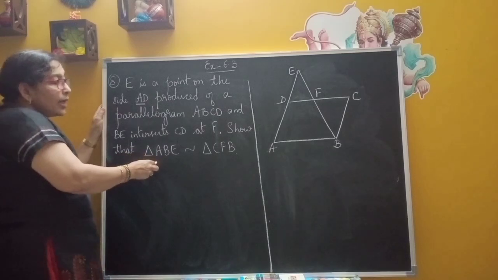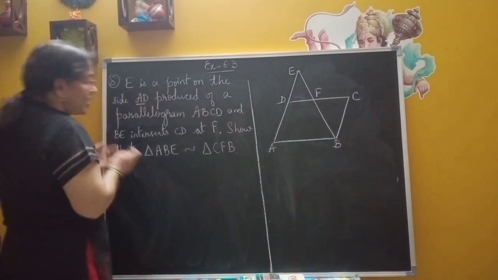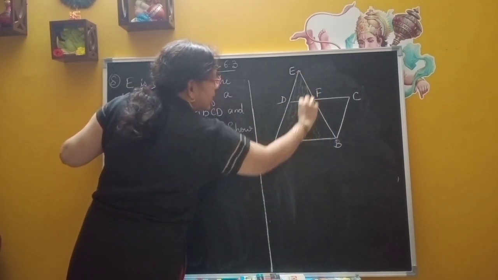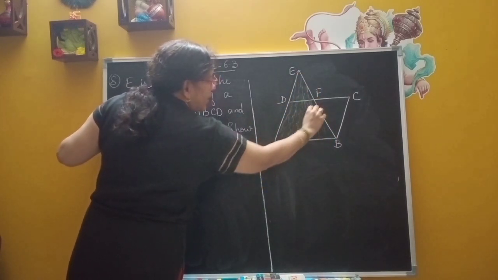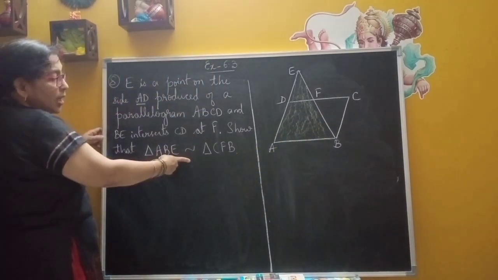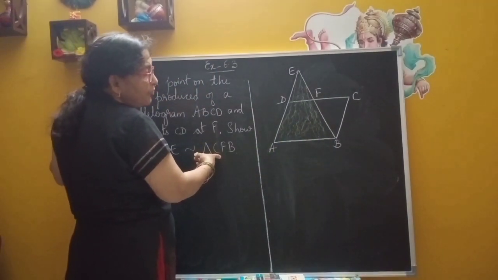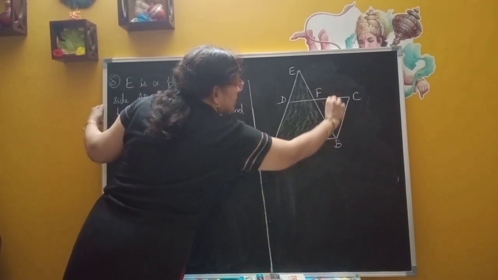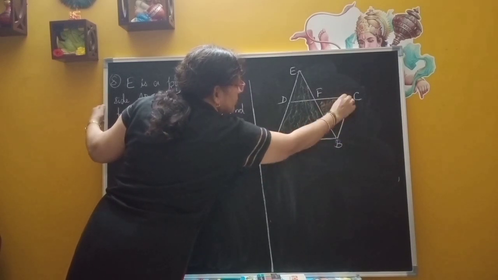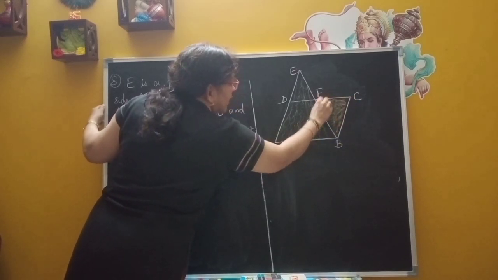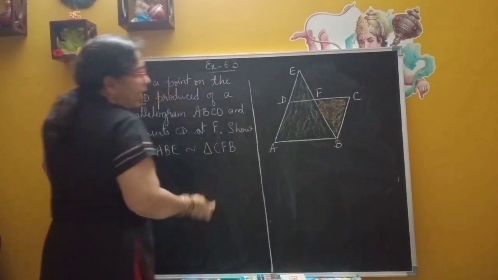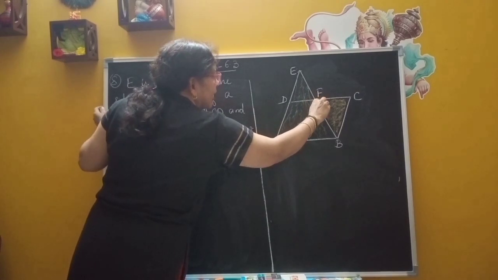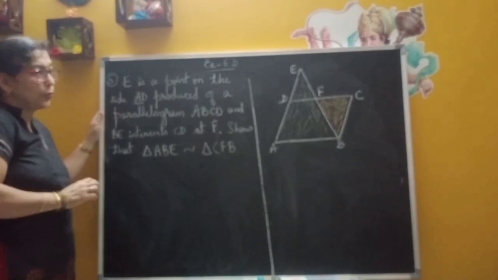Then show that triangle ABE, this bigger triangle, is similar to triangle CFB. So these two triangles are similar, and we need to prove it.